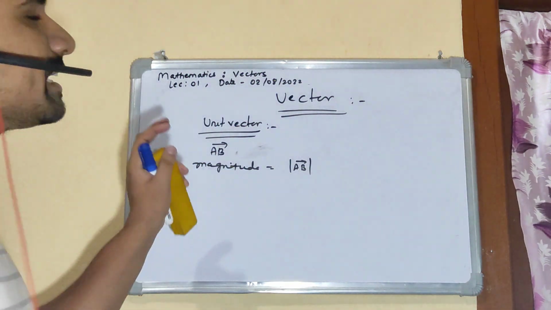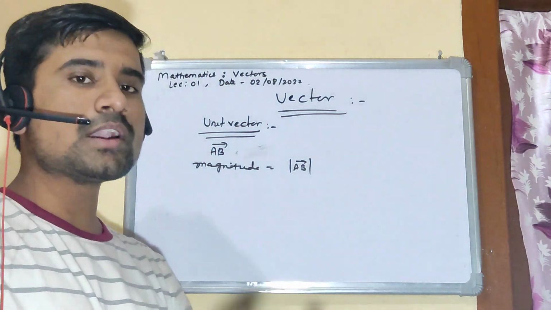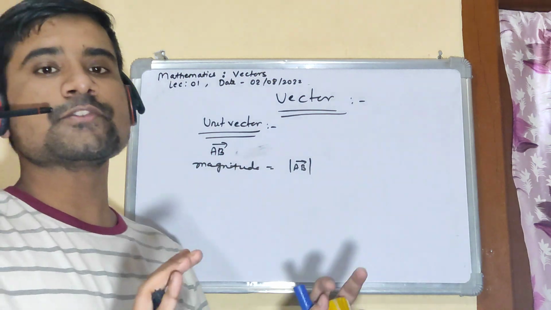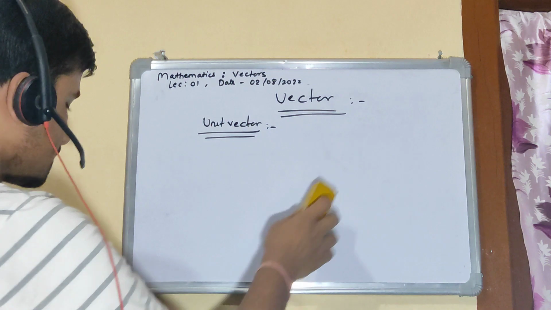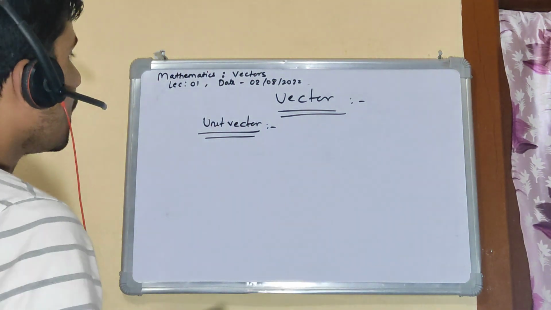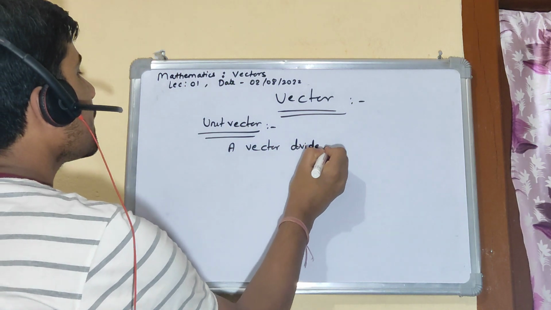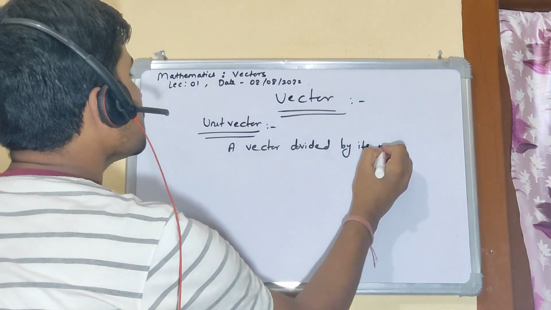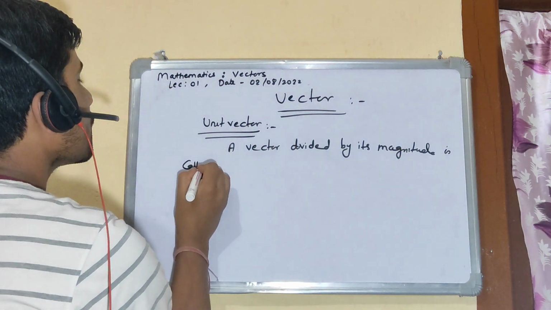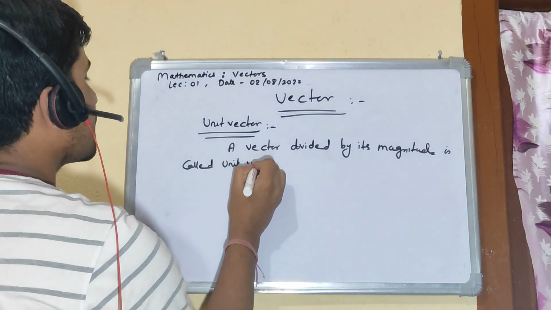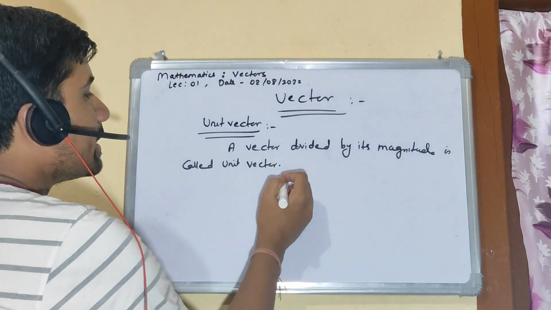So unit vector, as the name suggests, a vector which has magnitude of 1 is called a unit vector. But since it is a vector, it should have a direction as well. So I can define a unit vector like this: a vector divided by its magnitude is called a unit vector. Let's say n is the vector.